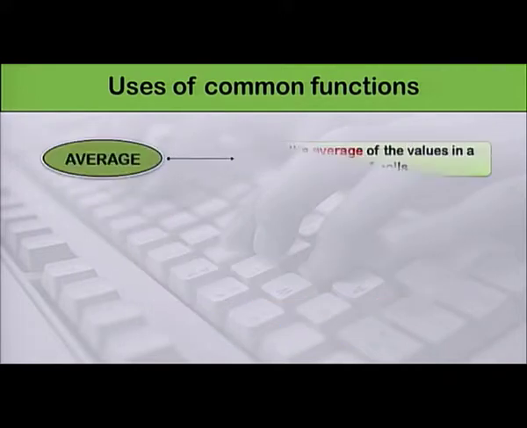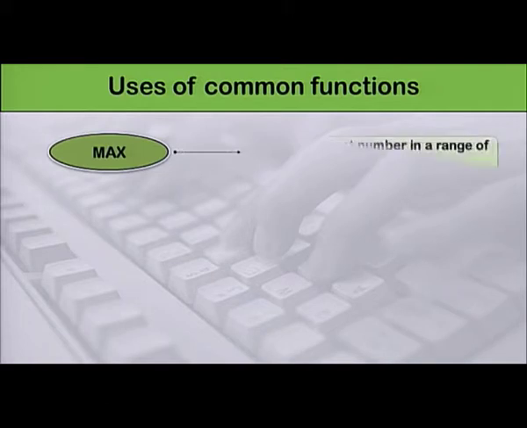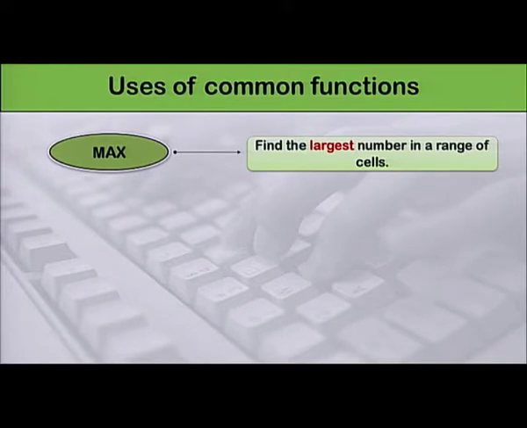Next, we have the average function. This function finds the average of the values in a range of cells. Here, the average function has been used to calculate the average value in the range C2 to C10. Then we have the max function. This function finds the largest number in a range of cells.